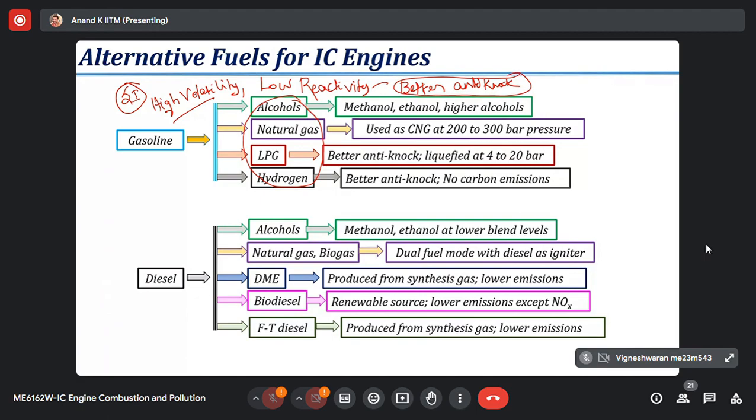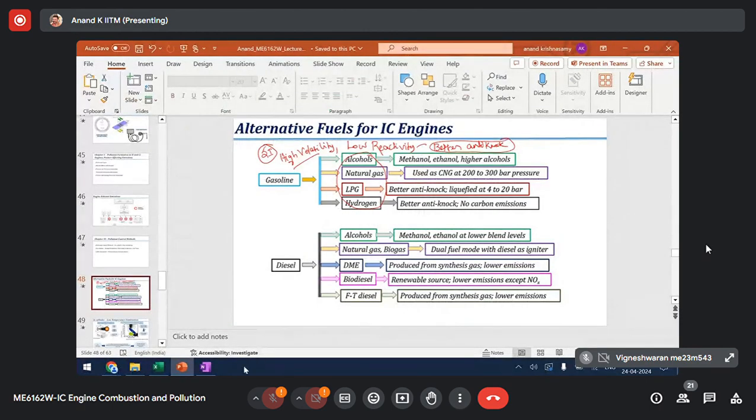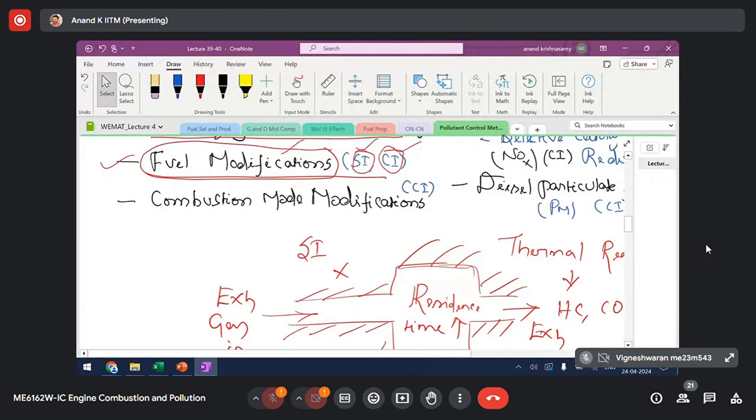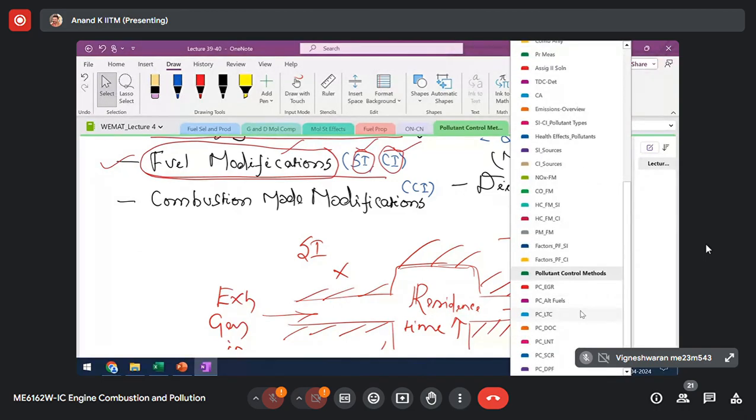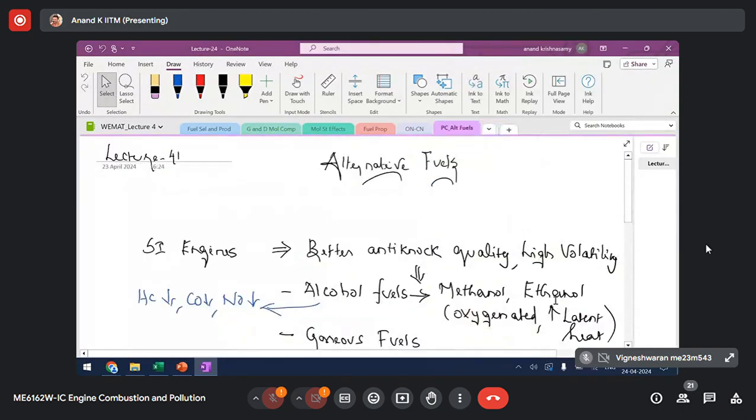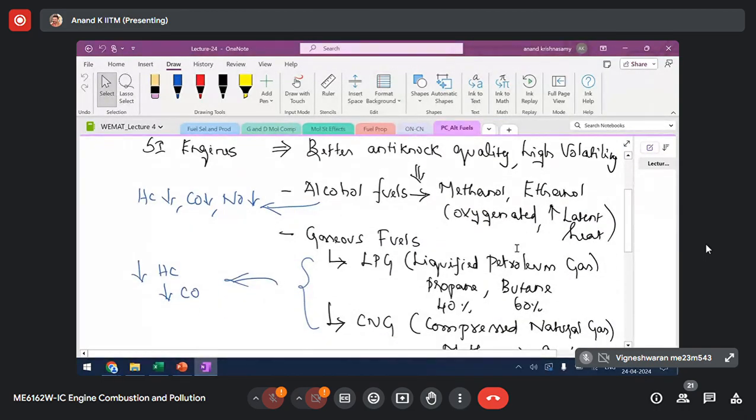Now, from the pollutant reduction perspective, let us look at what these fuels are doing. As I said, we have better anti-knock characteristics and high volatility characteristics. What will alcohol fuels do from a pollutant reduction perspective?